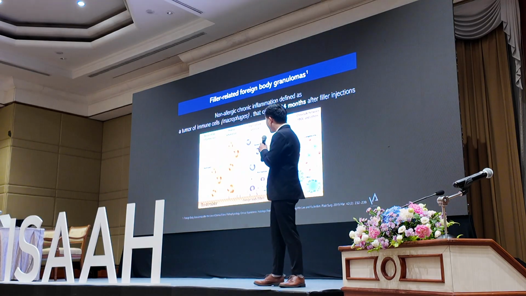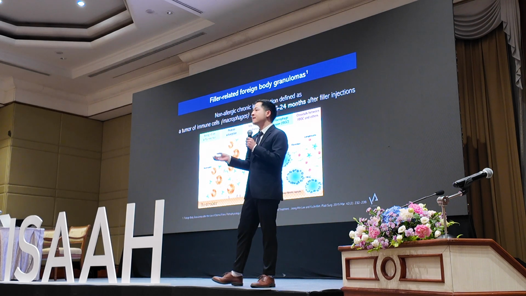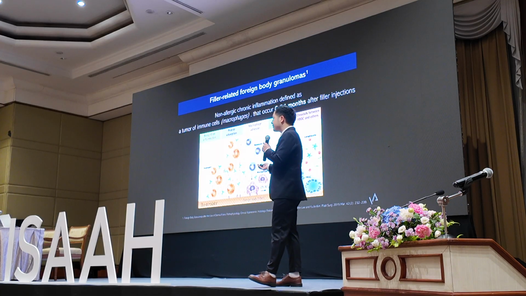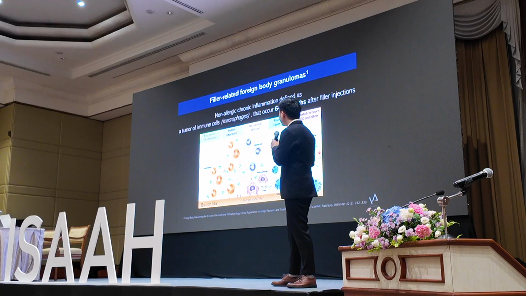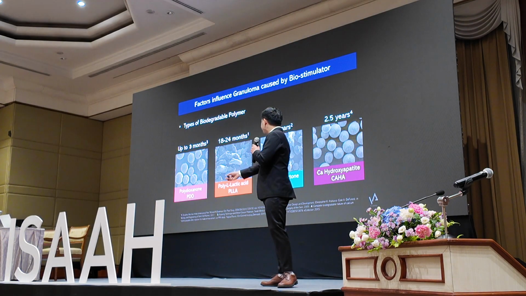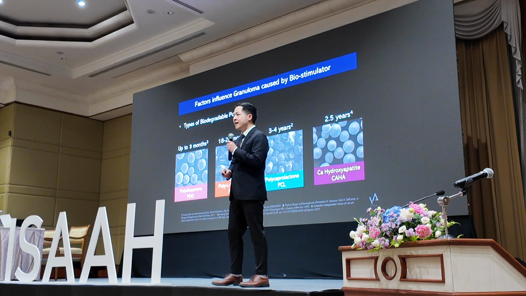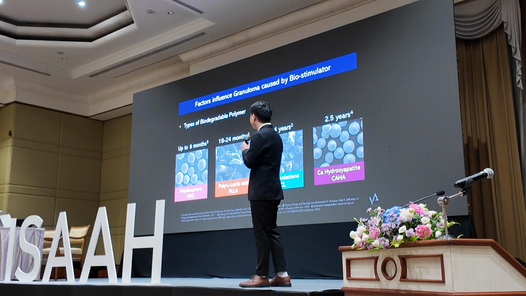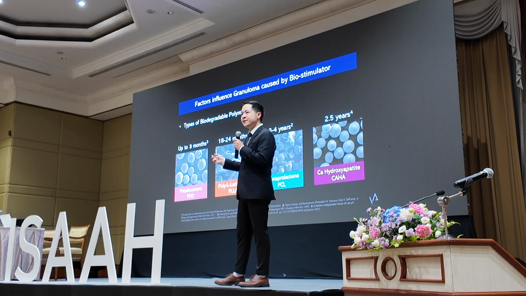The granuloma is a chronic inflammation, and after about 6 months we will see the granuloma. So what are the factors of this granuloma formation? The first one is the type of biodegradable polymer that Dr. Confesta said yesterday, right? For PDO, it's only 3 months to degrade, so it's very safe.